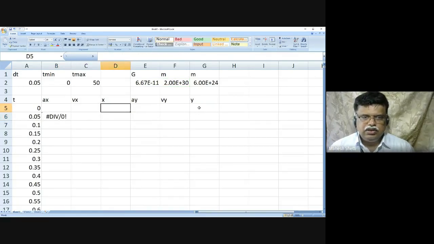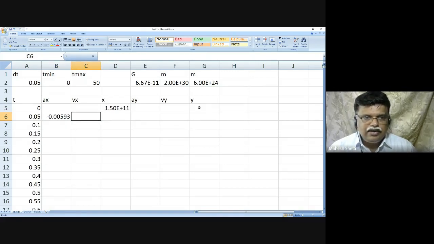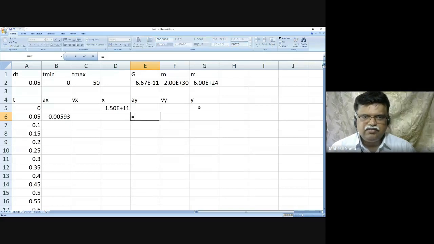Now, of course, I have put the displacement position as 0, therefore it is giving me division by 0. But I will put the position of Earth again in SI units. It is about 1.5 times 10 raised to 11. I'll put that. I have to calculate velocity. Okay, I have to write the expression for the y component of A also.